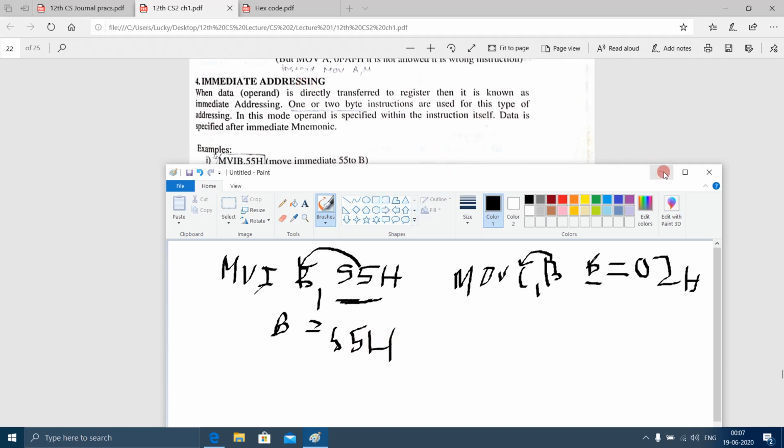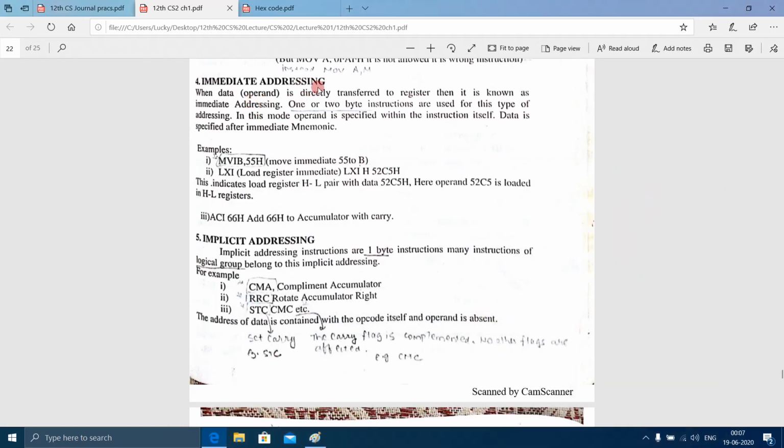So when data operand is directly transferred to register, then it is known as immediate addressing. Actually, it's not 1 or 2 byte instructions.